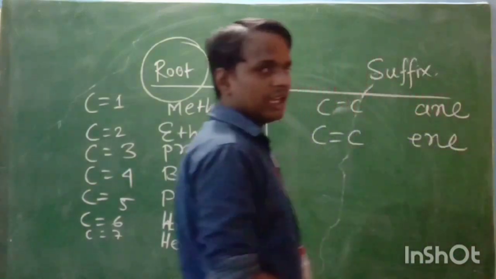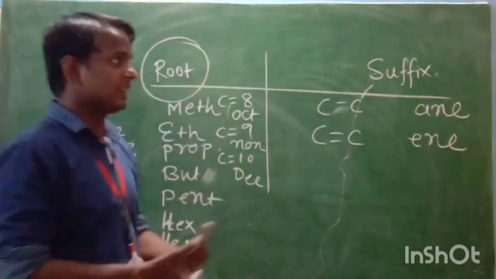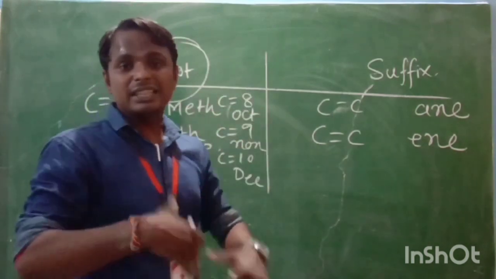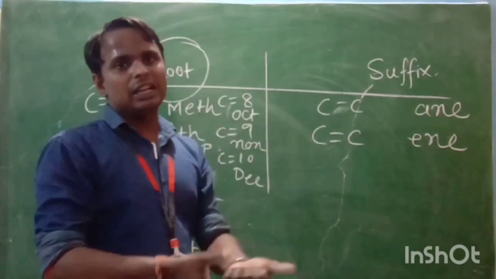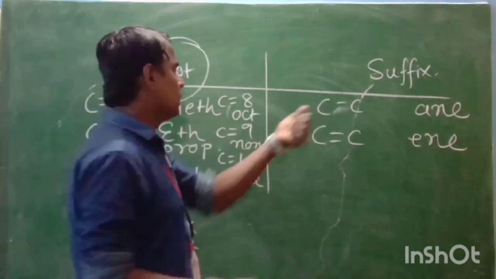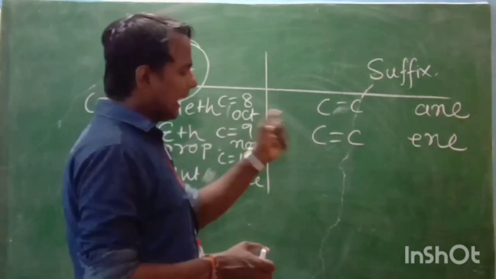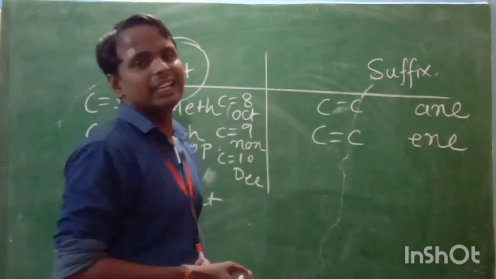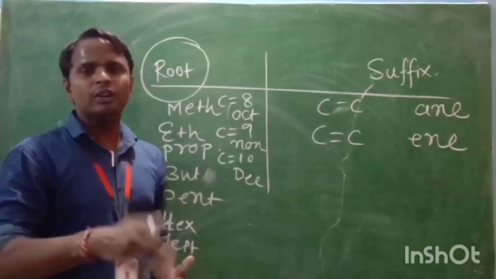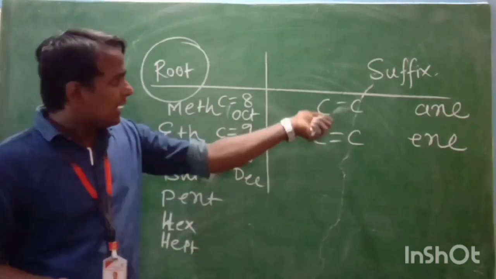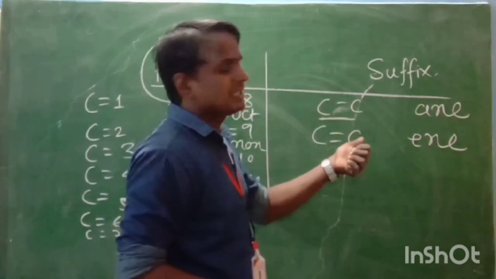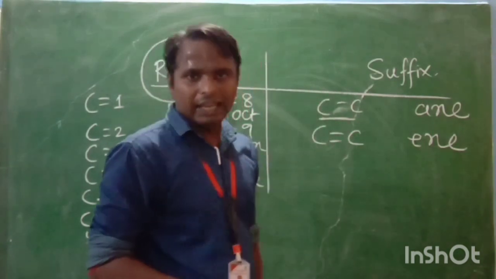For carbon-carbon double bond, we add ene. Again I repeat about suffix. Suffix means after, added after any word. Here we add the suffixes ane, ene and yne. We know from this that when carbon has a single bond, we add ane.